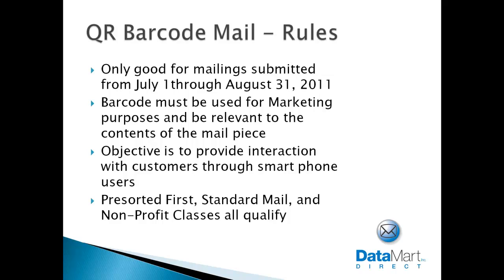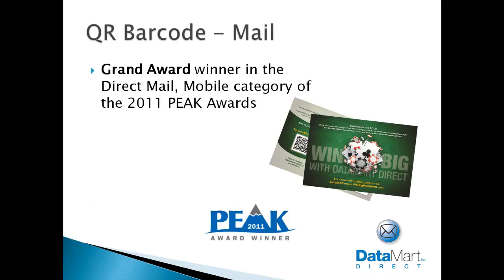There was a short time where nonprofits were excluded because the Postal Service felt they were already giving them a significant discount. But because of the uproar and the concerns that the industry had, the post office decided, okay, well, we'll add them to the program.